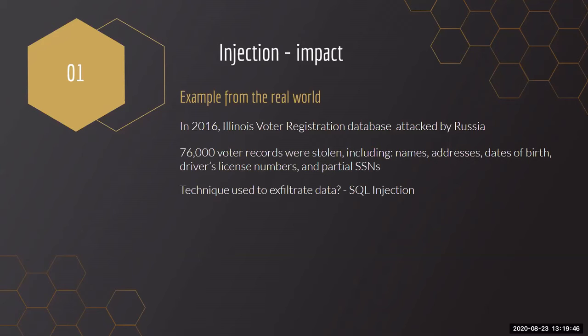The technique to exfiltrate that data was SQL injection, and it was going on for a very long time before anybody even noticed this. It was detected due to the noticeable impact on the database performance and frequent queries.